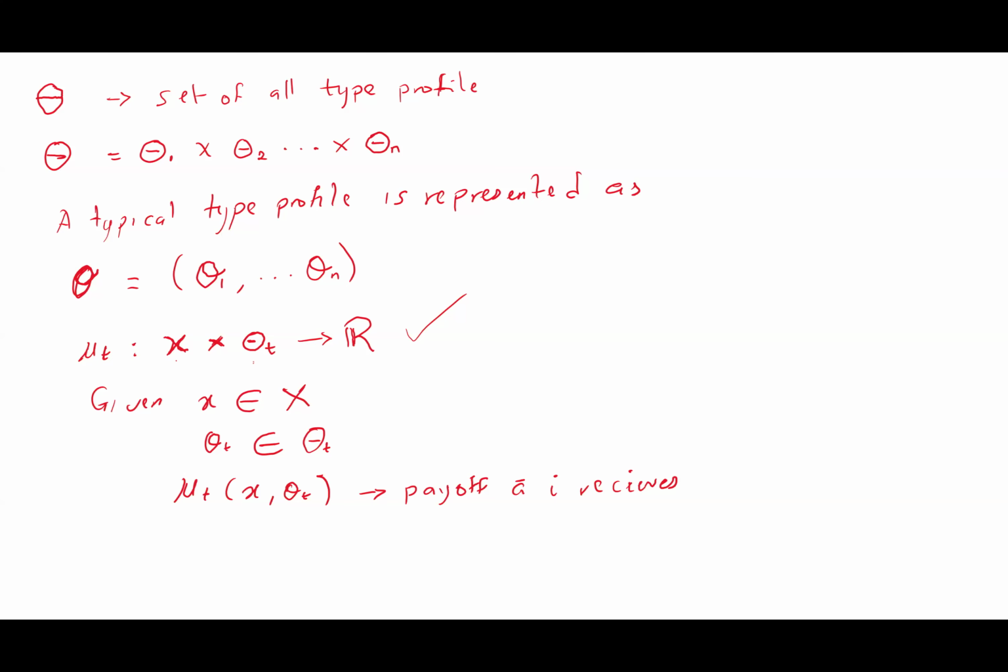So we are saying that the payoff that any agent receives should be a function of the person's preference or of the person's private values.